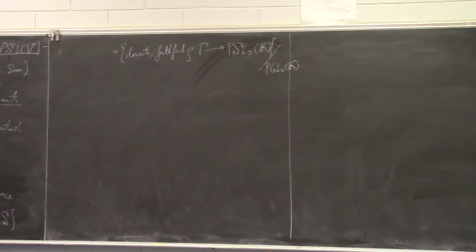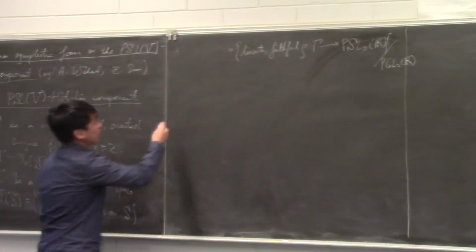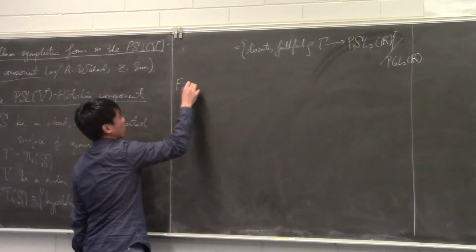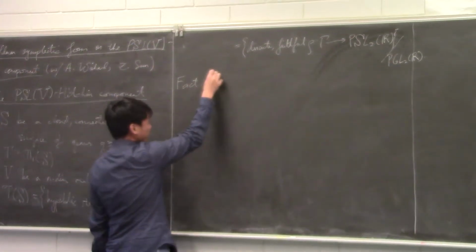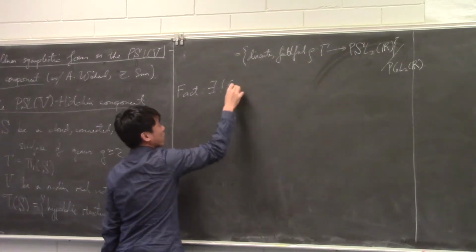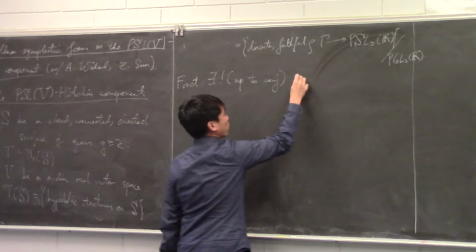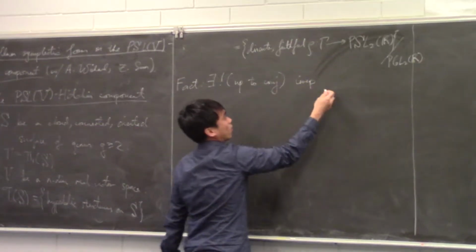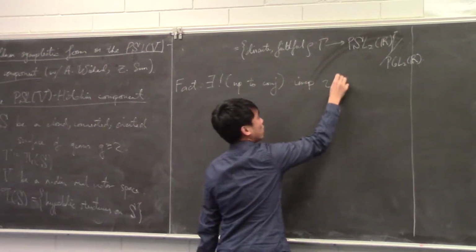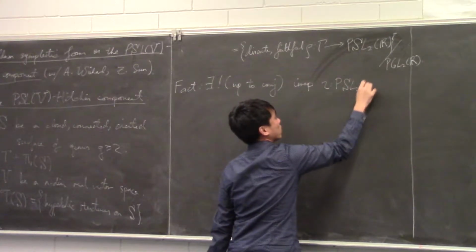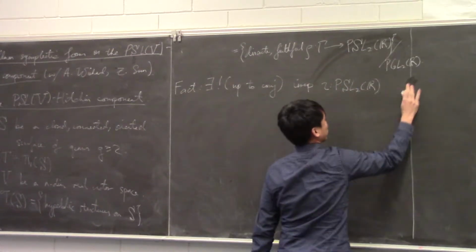So to define these formally, I need to recall this fact from representation theory. There exists a unique, up to conjugation, irreducible representation, which I'll denote by iota, from PSL2R into PSLV.